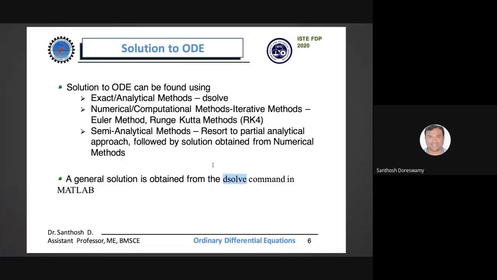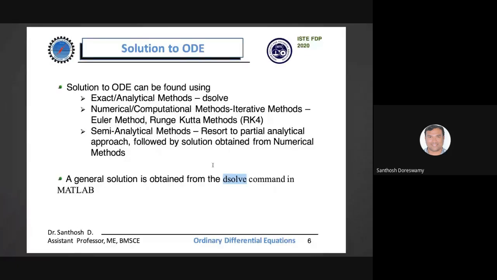So for a differential equation which has an exact solution, you will use this dsolve command. But if you want a numerical solution to these ordinary differential equations, then you will have to use a differential equation solver known as ODE.